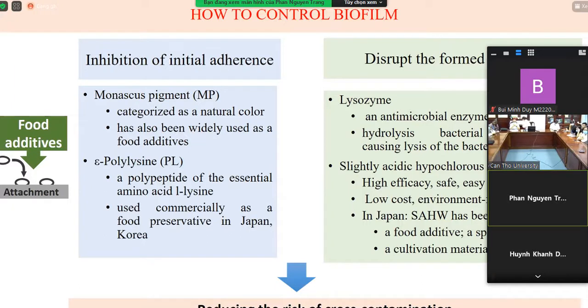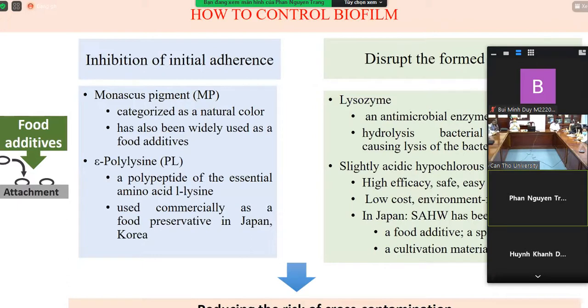Among them, monascus pigment and polylysine are used. Monascus pigment is a kind of natural color, and polylysine is a kind of essential amino acid. Both the pigment and polylysine have a positive influence on inhibiting biofilm of other pathogens.